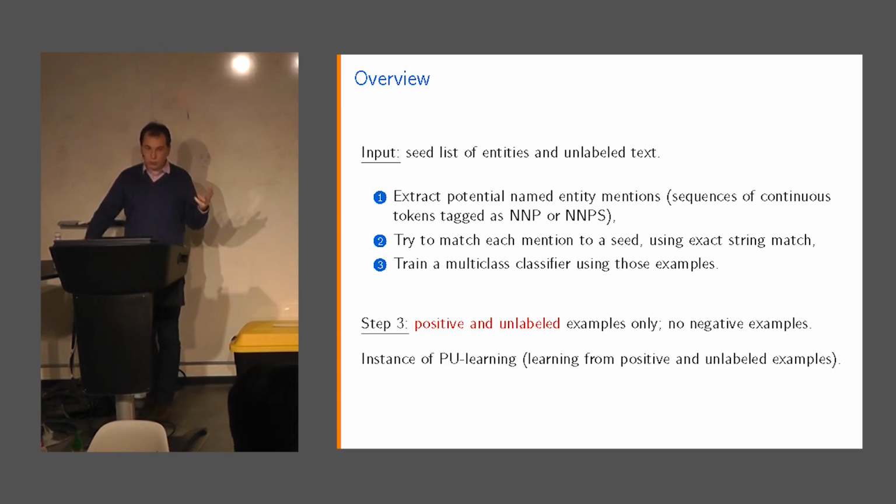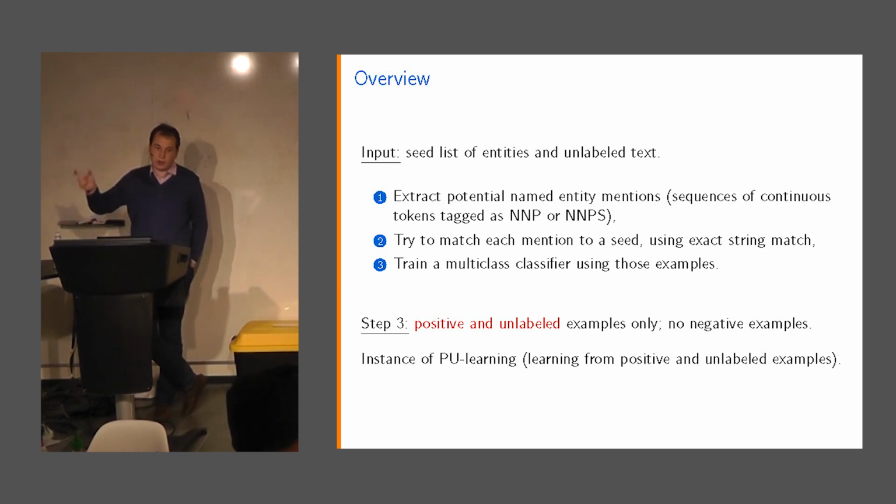But the problem in that case is that you don't have negative examples. You only have positive examples, the things that you've been able to match to something that appears in your seed list, and all the other potential named entities are actually unlabeled examples.